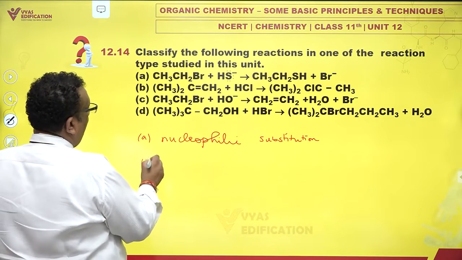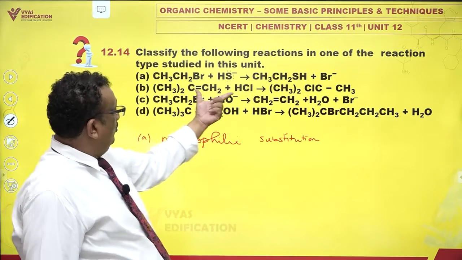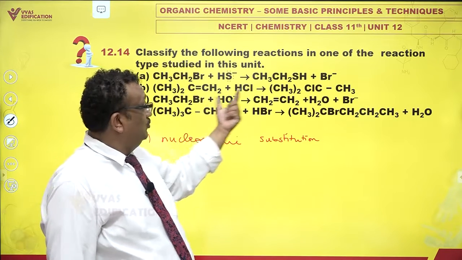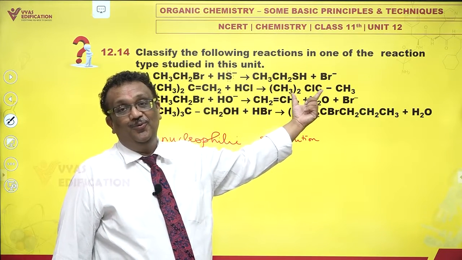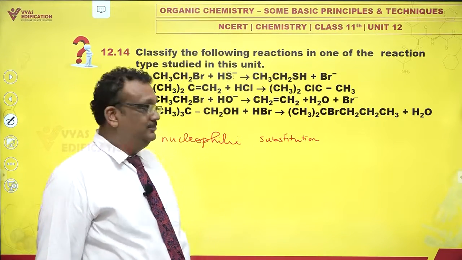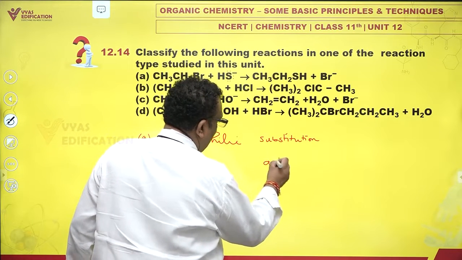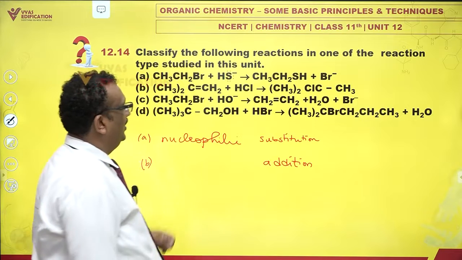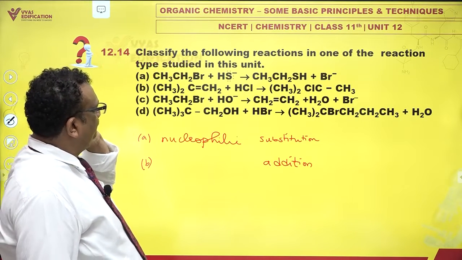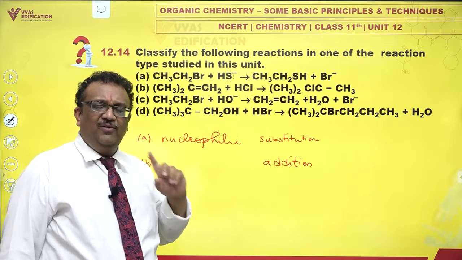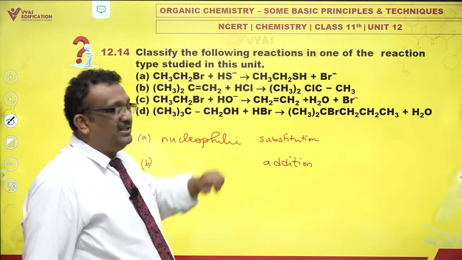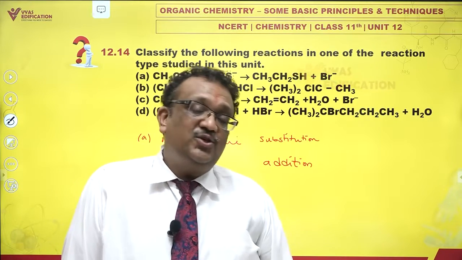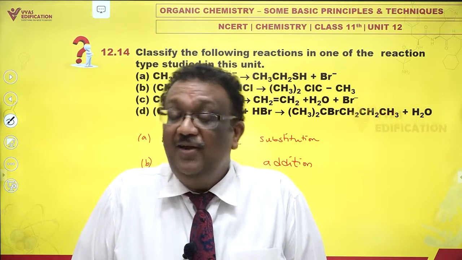What about B? Well, you have two molecules here and these two molecules combine to give you one molecule. Beautiful. So this is an addition reaction. Anything else? Is it nucleophilic, electrophilic? What kind? You are having HCl. Now HCl actually gives you H+. And what is H+?